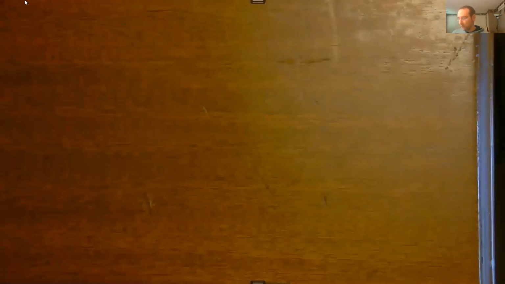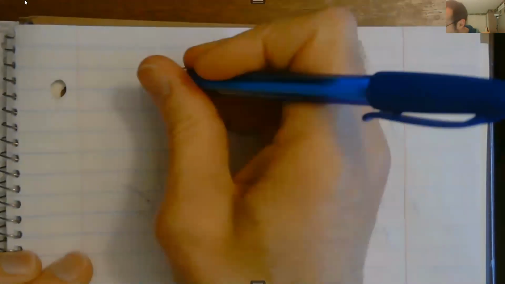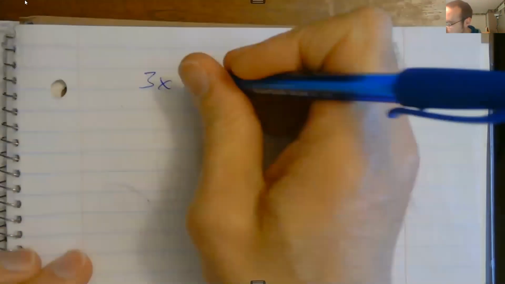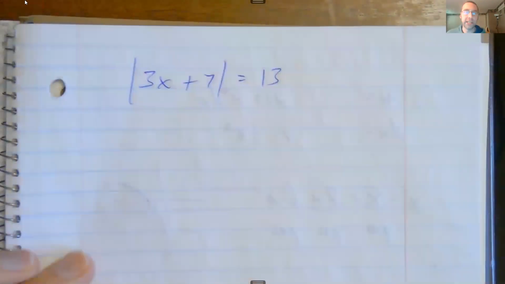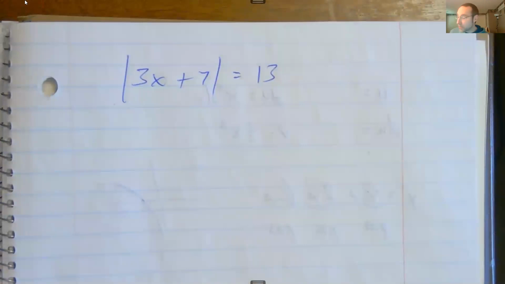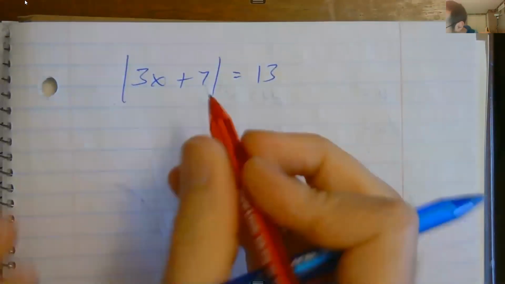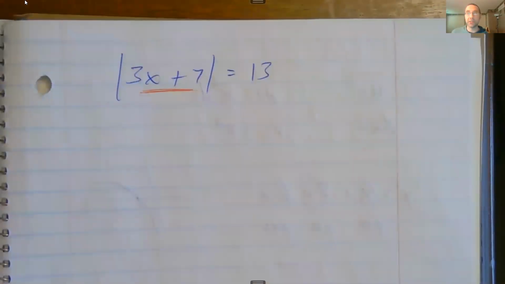Okay, let's do one more example like this. How about the absolute value of 3x plus 7 is equal to 13? Again, the thing inside the absolute value, the 3x plus 7, has two options.